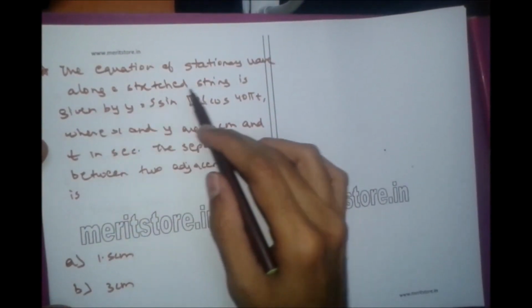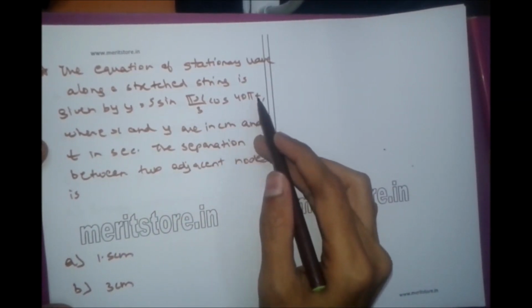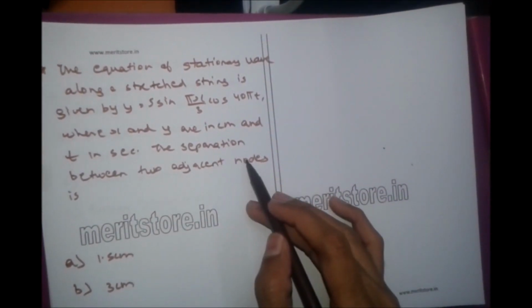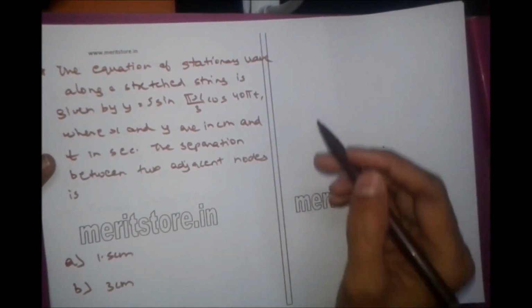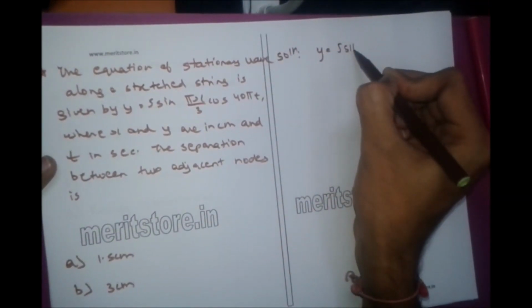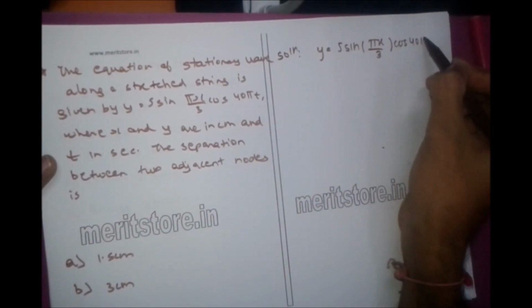The equation of a stationary wave along a stretched string is given by y equals 5 sin(pi x upon 3) cos 40 pi t, where x and y are in centimeters and t is in seconds. The separation between two adjacent nodes is 1.5, 3, 6 or 4 centimeters. So we had the equation y equals 5 sin(pi x upon 3) cos 40 pi t.